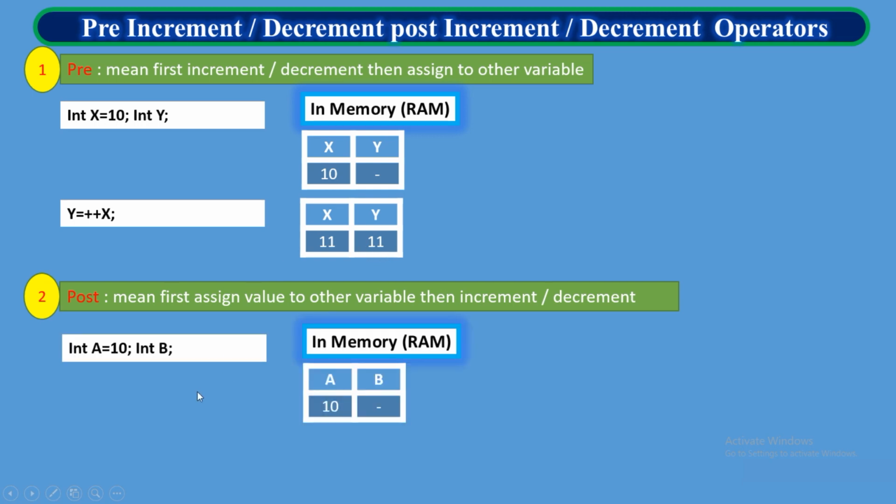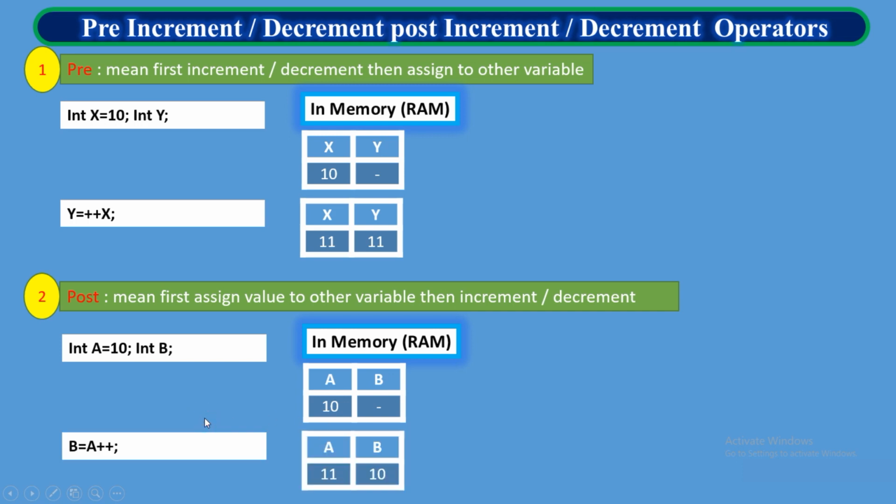Next, in post increment, suppose we have two variables, a is equal to 10 and integer b. In memory, we reserve a and b, and in a we have 10. Next, we write b is equal to a plus plus, meaning post increment in variable a. In post increment, first the value of a is assigned to variable b, meaning this 10 is assigned to variable b, and we have b is equal to 10.